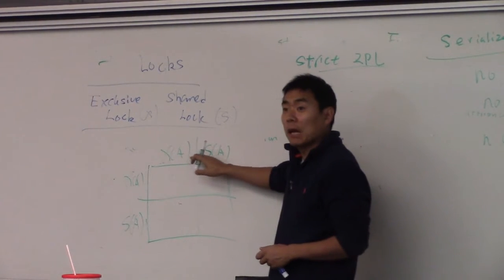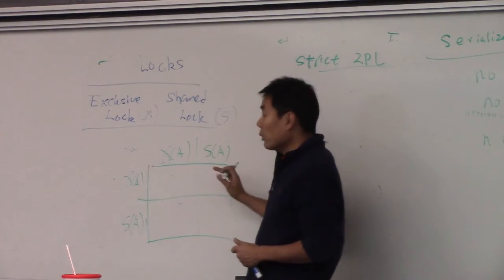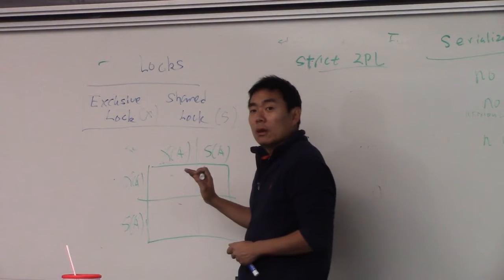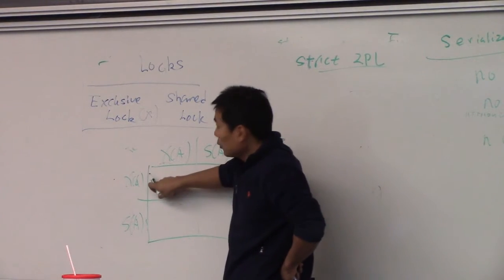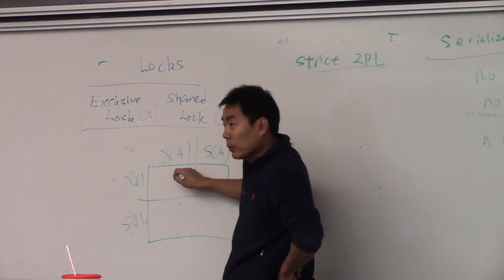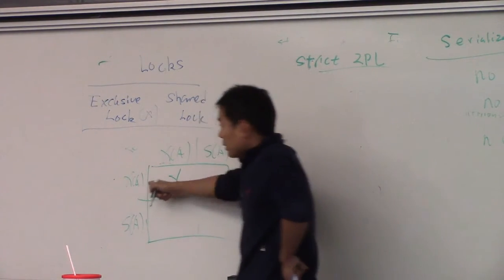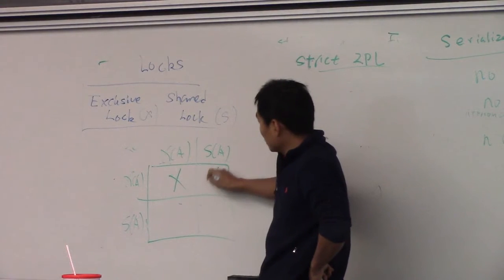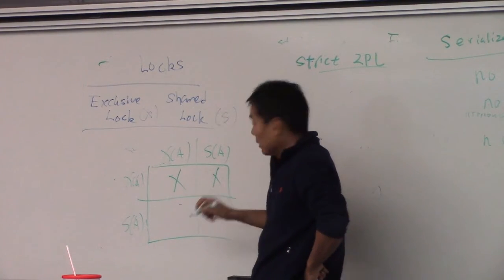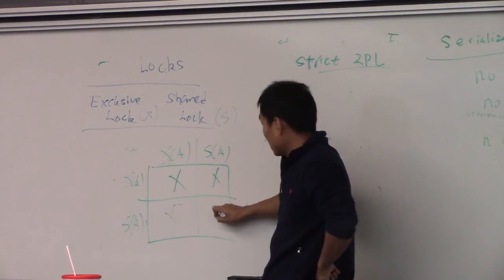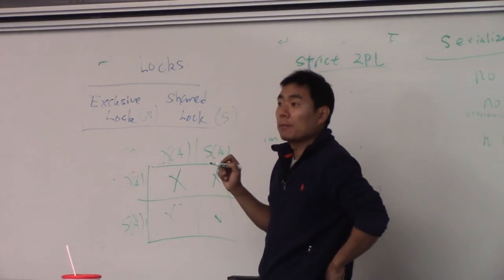On any given object A, what it says is exclusive lock is not compatible with exclusive lock. Exclusive lock on A is not compatible with a shared lock. Vice versa. But a shared lock on A is compatible with a shared lock on A.